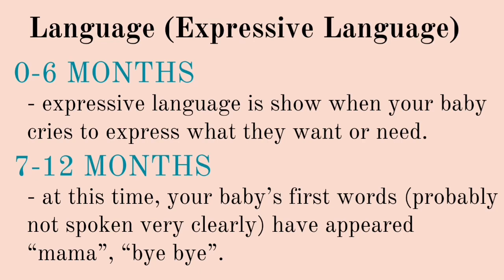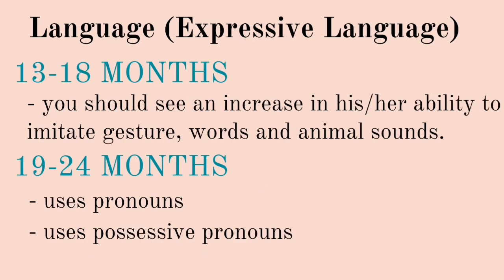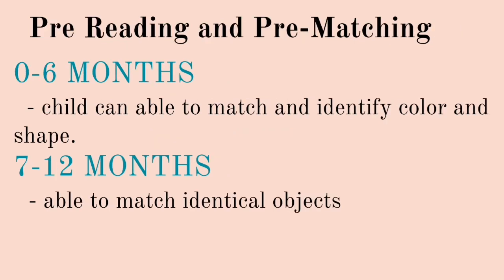At this time, your baby's first words, probably not spoken very clearly, have appeared: mama or bye bye or no. 13 to 18 months, you should see an increase in his or her ability to imitate gestures, words, and animal sounds. 19 to 24 months, uses pronouns, uses possessive pronouns.